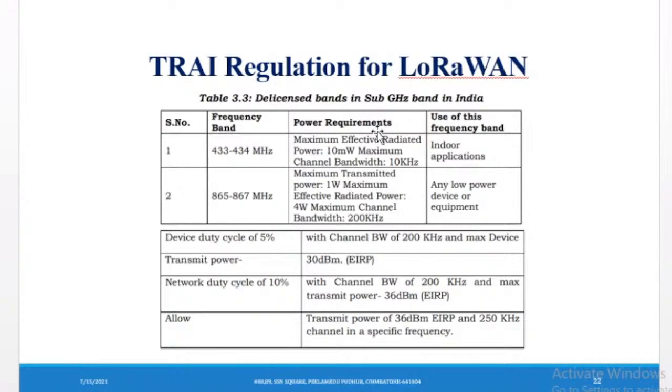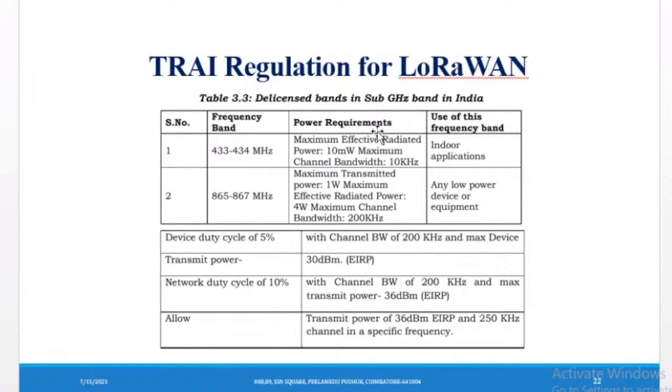Maximum transmit power up to 1 watt of effective radiated power, and multiple channels can be used. Bandwidth up to 200 kilohertz is possible. Generally we use only 125 kilohertz, but in some cases up to 200 kilohertz. 500 kilohertz is not possible here; up to 125 kilohertz is more than sufficient.